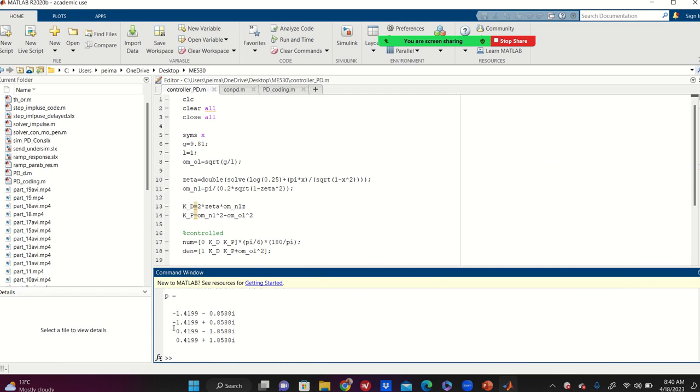You see that you have a pair of complex conjugate poles in the right hand side and in the left hand side. So the system is unstable.